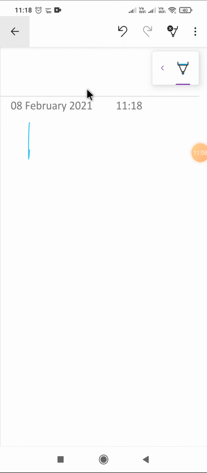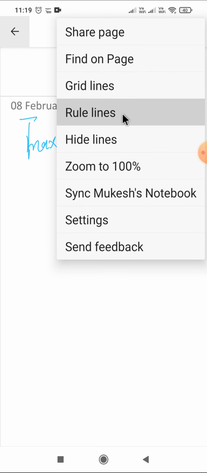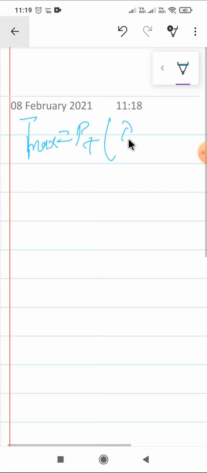We got that T max is equal to Pt by lambda by omega.